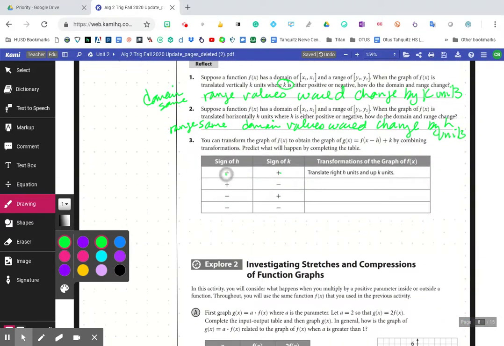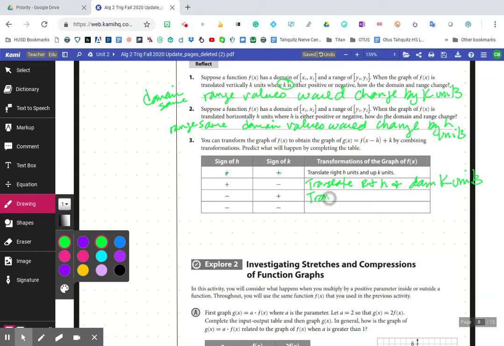So plus on the h means we translate right h and up k units. Plus on the h with minus on the k means we translate right h and down k units. Okay, so if plus goes right, that means that minus is going to go left.